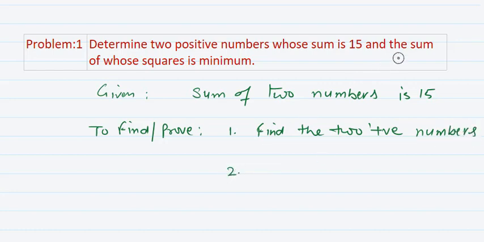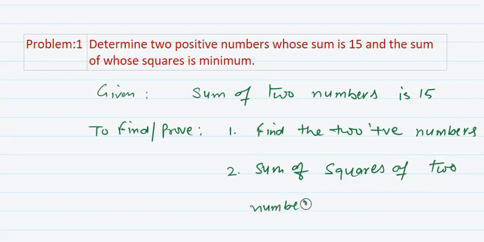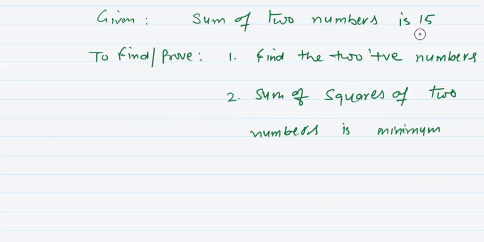And the second part is the sum of whose squares is minimum. So we need to prove that the sum of squares of the two numbers is minimum. Okay, so let us start with the given part.